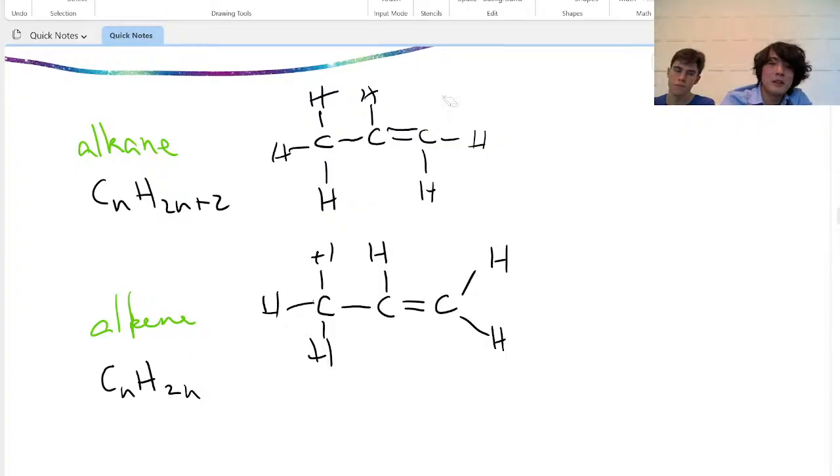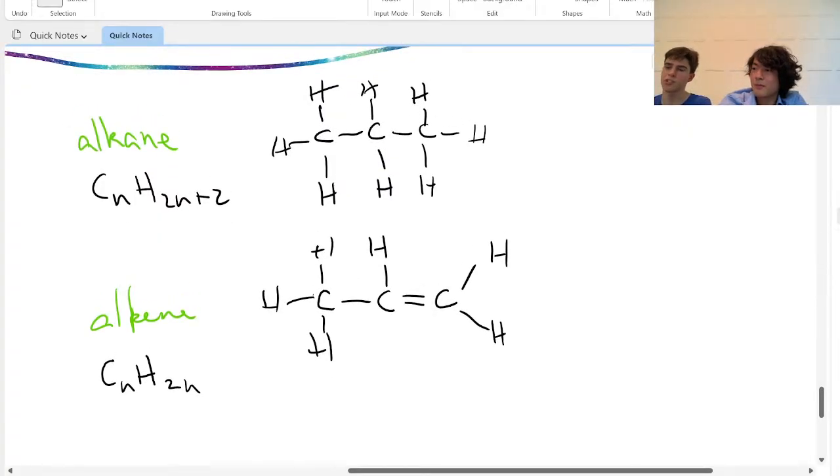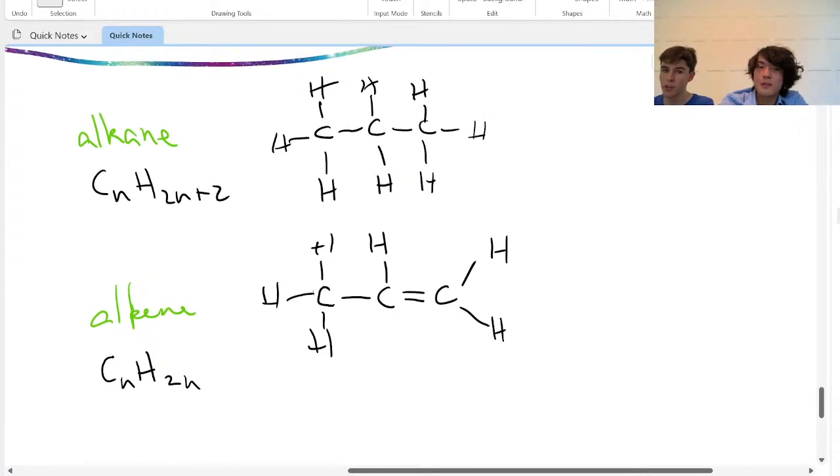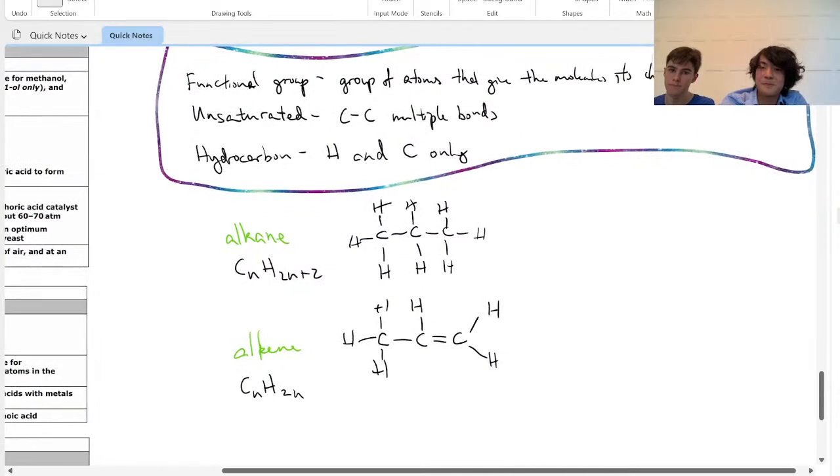That's how you make an alkene, so that's why the general formula has 2 fewer hydrogens. Oh, and a lot of the time they'll ask you to draw these, so just check that each carbon only has 4 bonds and each hydrogen only has 1 bond. It's very important.